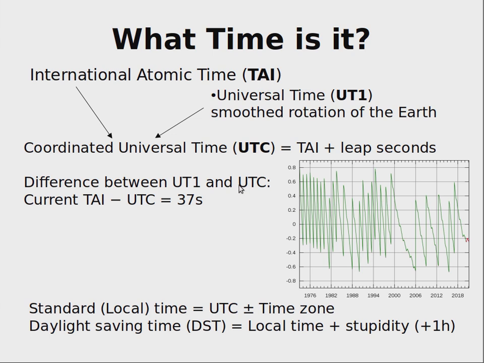And therefore this atomic time, which counts these very precise seconds, is gradually going ahead of our normal time. And then they introduced so-called leap seconds when the difference between atomic time and coordinated time is larger than half a second.